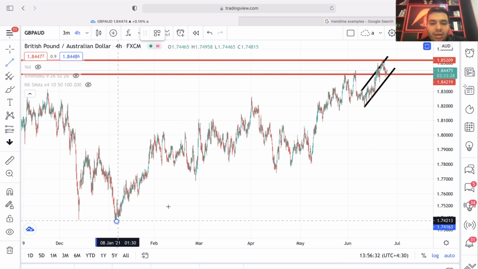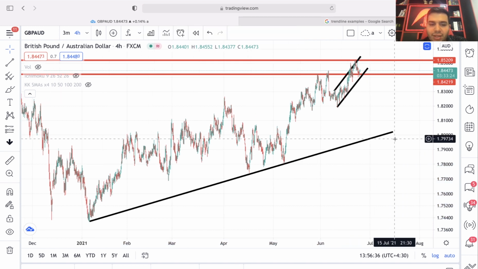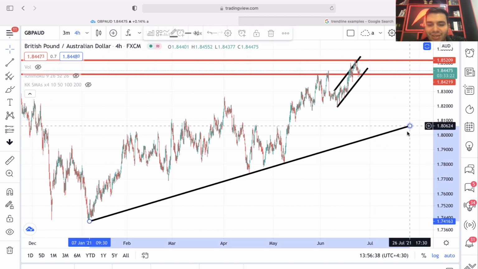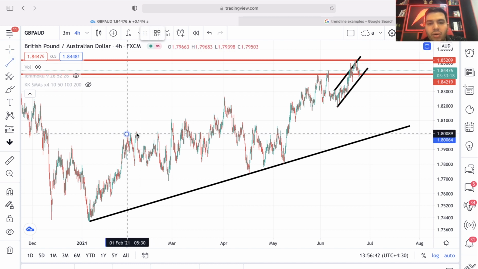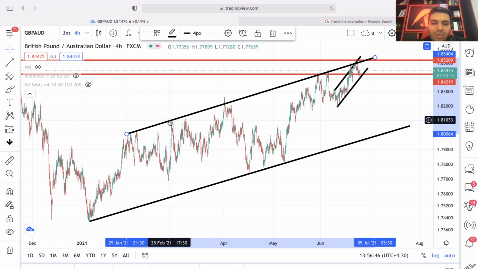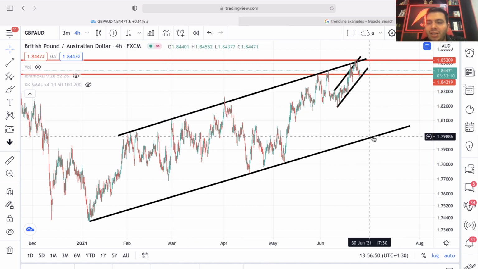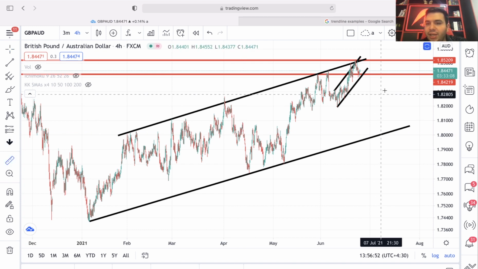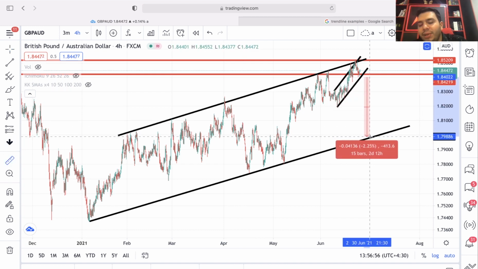The take profit is here, guys, and also this whole movement is moving inside the channel, and I'm going to talk about channels in next videos. But the take profit is the bottom of this channel, which is 400 pips, and it's a huge and massive profit.